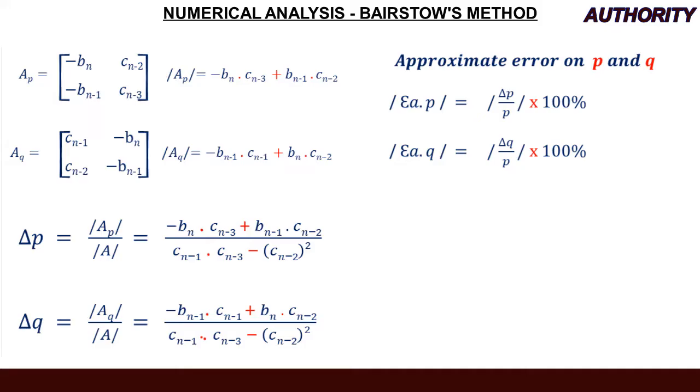That means we have a quadratic polynomial. When we get this p and q such that it qualifies the requirement, that means we have a formula that we can use to find the roots of this quadratic polynomial.